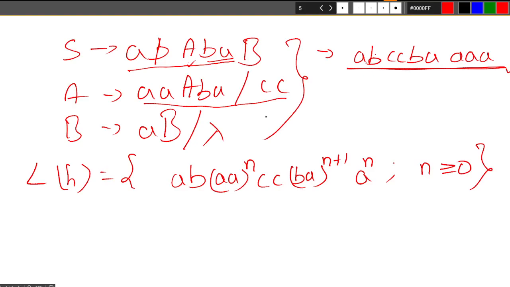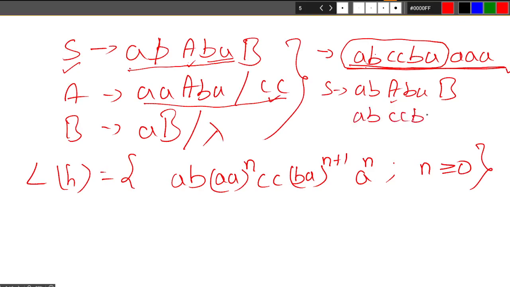No, sir. Okay, let me check. This was the smallest possible string from the last example, as we remember. Starting with S, I replaced S with AB, A, BA, and then I replaced A. Sorry, sir, there was a mistake.